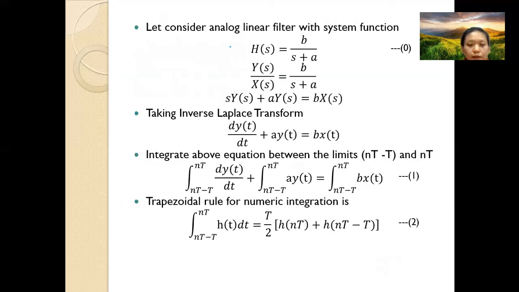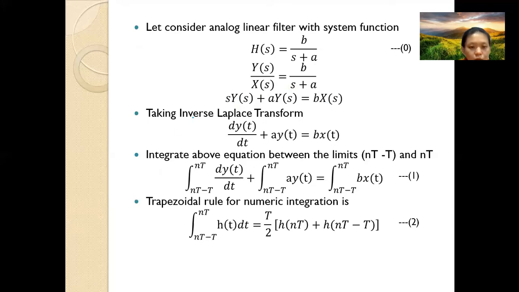Consider the analog linear filter with a transfer function H(s) equals B divided by s plus A. And our H(s) is our transfer function, Y(s) divided by X(s). Y(s) is our output, X(s) is our input. So we cross multiply: sY(s) plus aY(s) equals bX(s).